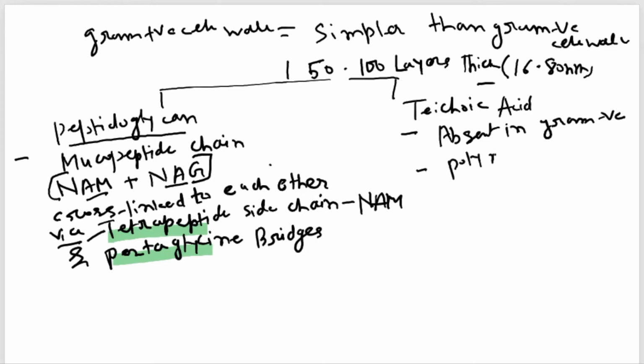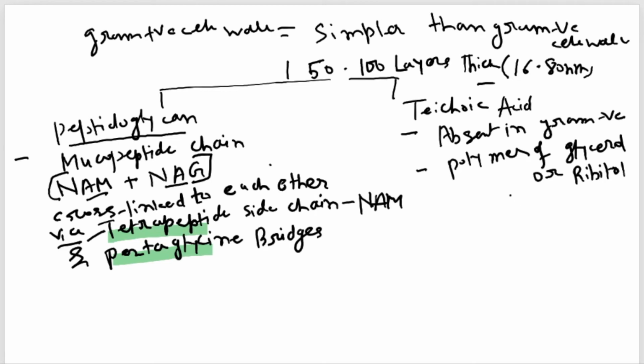It is a polymer of glycerol, or better called ribitol. That is not of much concern. We just have to remember there is a structure called teichoic acid in the gram positive cell wall, which is absent in the gram negative cell wall. It may be important in maintaining the structure of the cell wall.